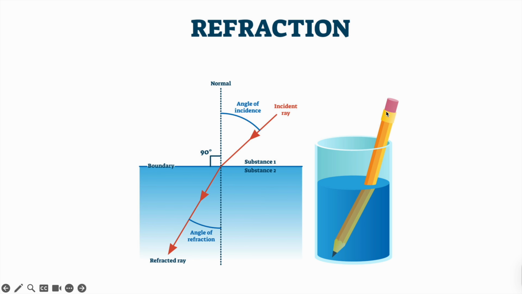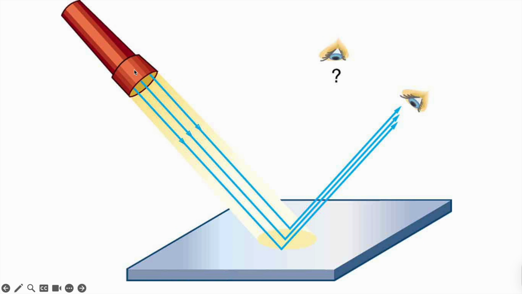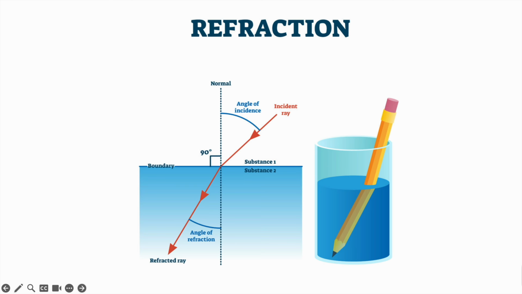So that's why if you put a pencil in water and look at it from the side, it looks like it's bent a little bit. So that's refraction. So light passes through and bends. But reflection, light bounces off the object and goes another direction, typically towards your eye.